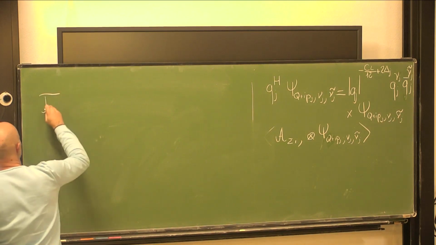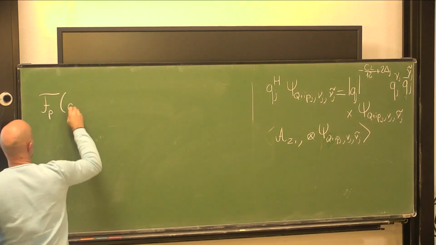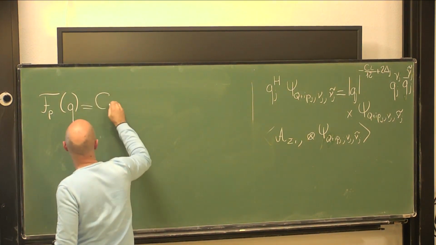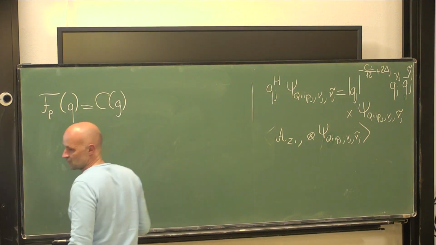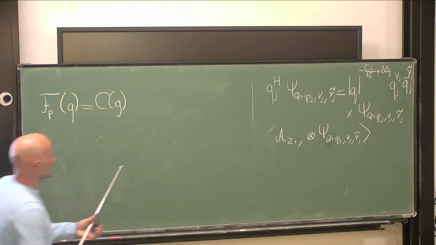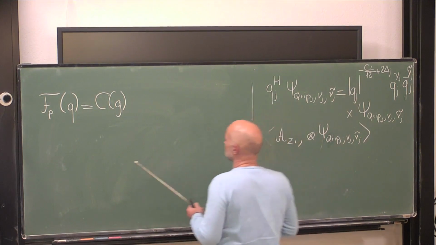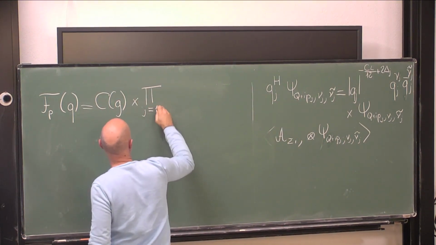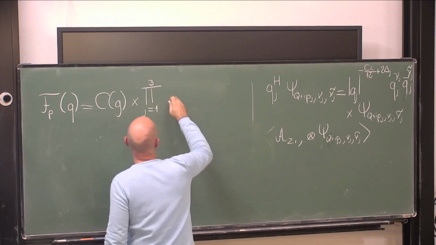It depends on the spectral parameters P and the complex numbers q that parameterize your surface. You end up with C(g), the metric dependent constant. Then you have all the contributions from these guys here. So you have times the product over 1, 2, 3.